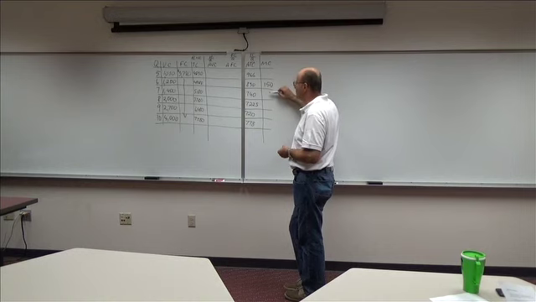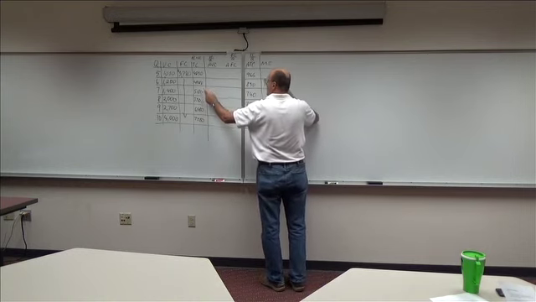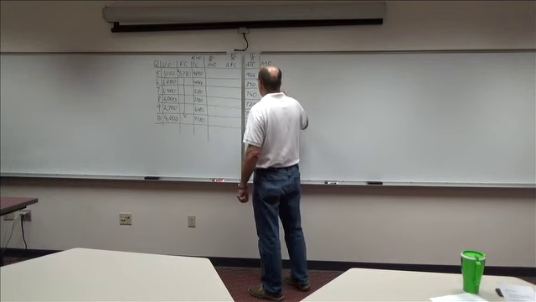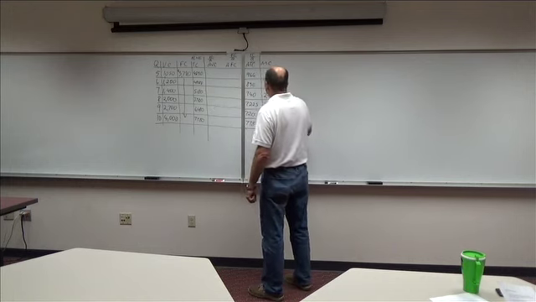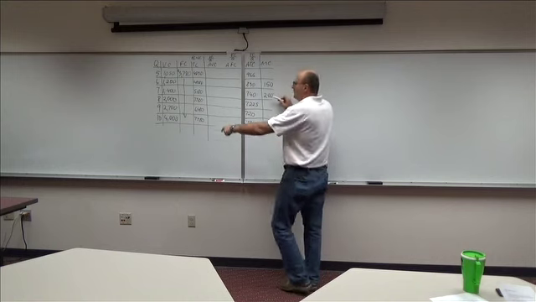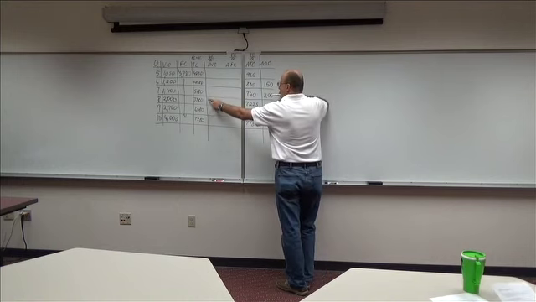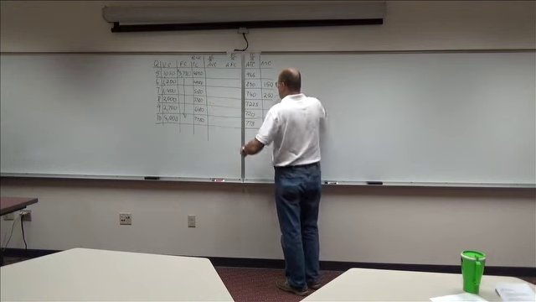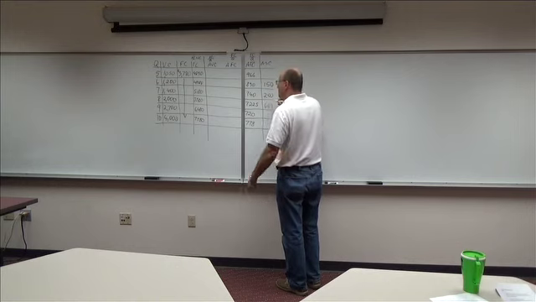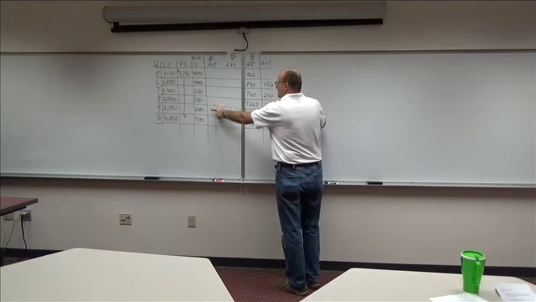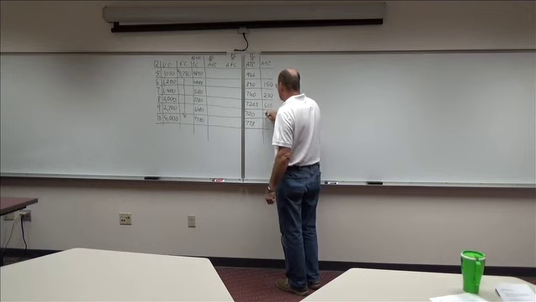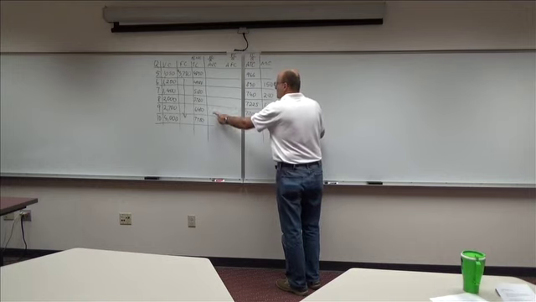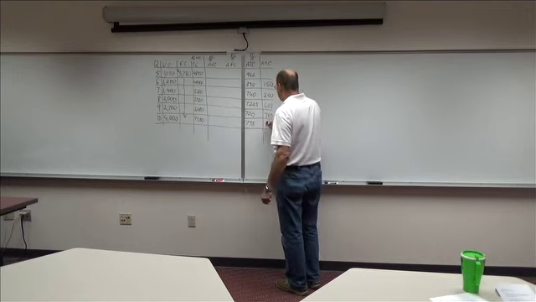What's the marginal cost of producing the 7th machine? 5180 minus 4980. How much is that? 200. What's the marginal cost of producing the 8th machine? 600. 9th machine? 700. And the 10th machine? 1300.